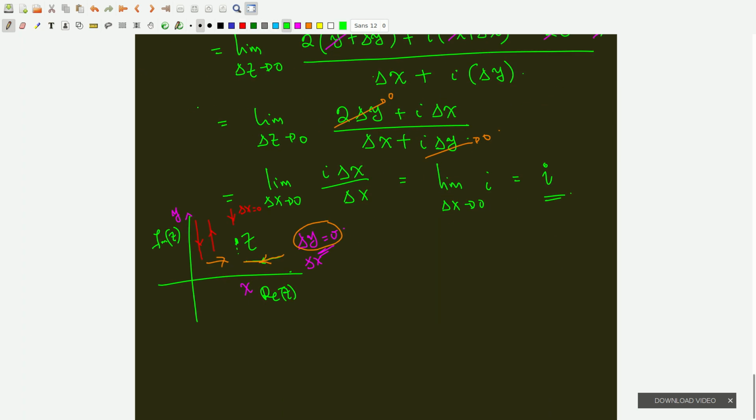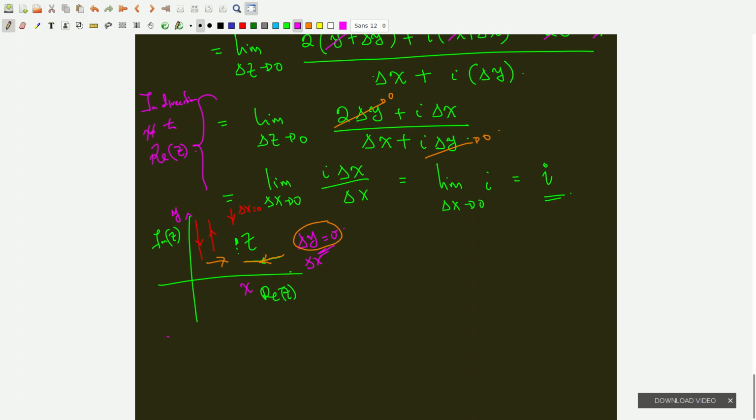I'll put a comment here that the previous case was in a direction parallel to the real part of z.